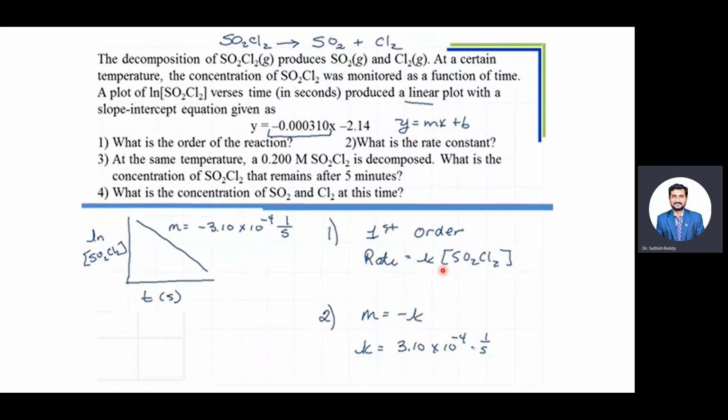This indicates a first order reaction. If you take the slope of this line, it gives the rate constant, K, that is minus 3.1 into 10 to the power of minus 4 per second. That is the rate constant it is giving.